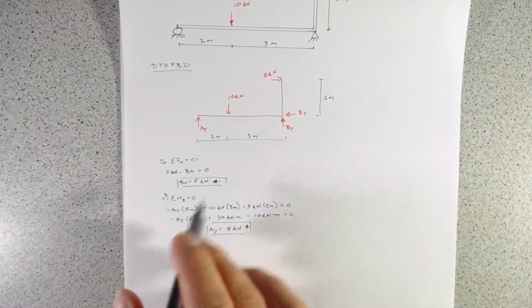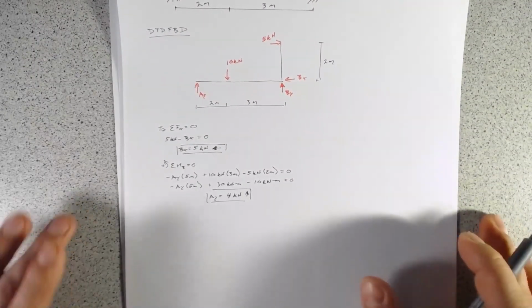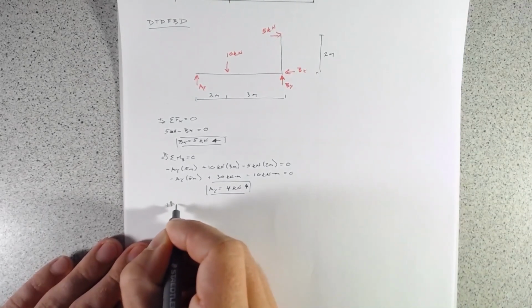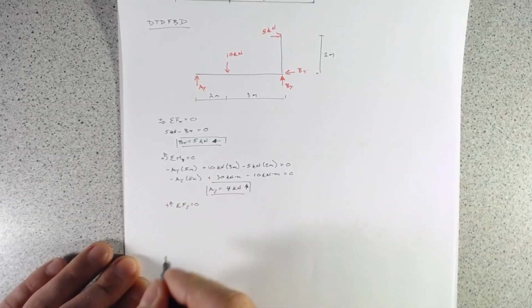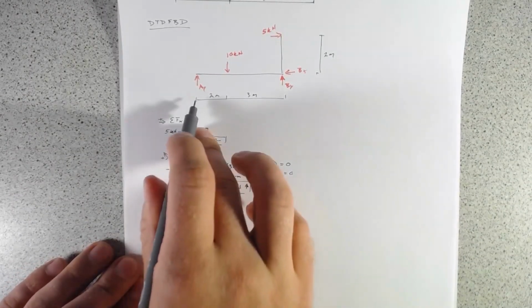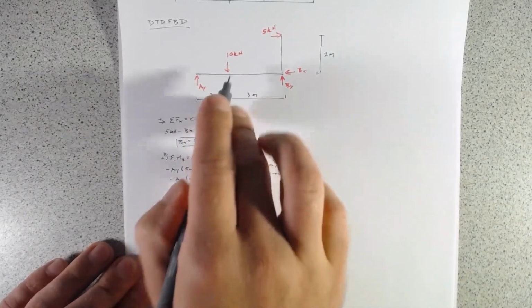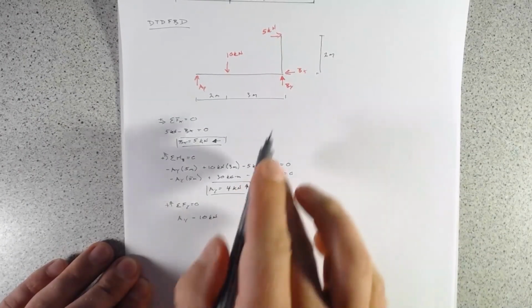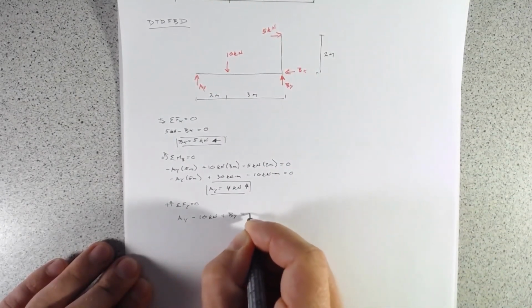Let's go ahead and solve for BY. We can find that by summing the forces in the y direction. The sum of the forces in the y direction is positive AY minus 10 kilonewtons plus BY, and all of that equals 0.